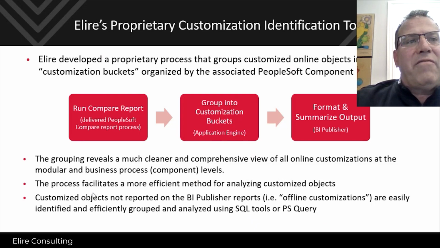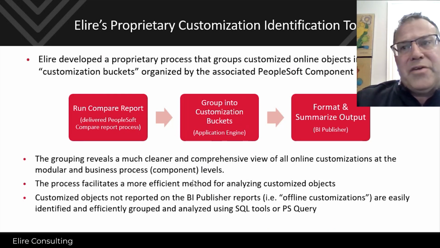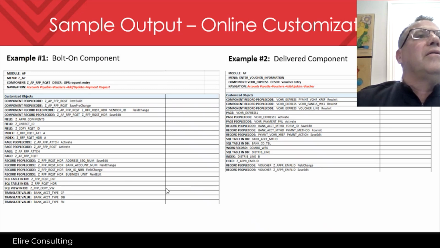The process itself facilitates a more efficient method for analyzing customized objects, so you're looking at multiple objects that relate to a specific business process or business component. Customized objects not reported on the BI Publisher report are also provided within a report, and we consider those offline customizations. That way we have a full library of where your application customizations exist.